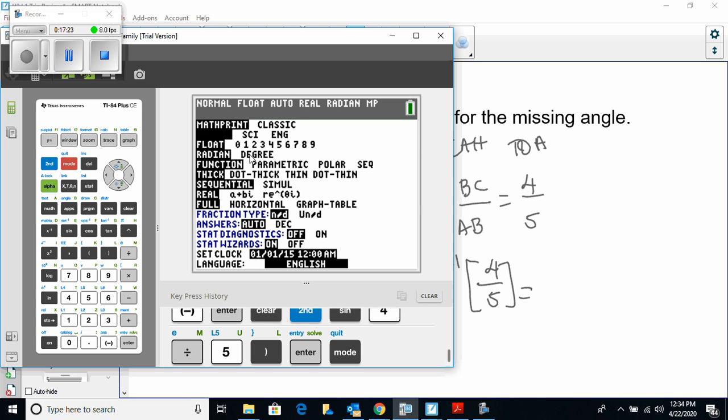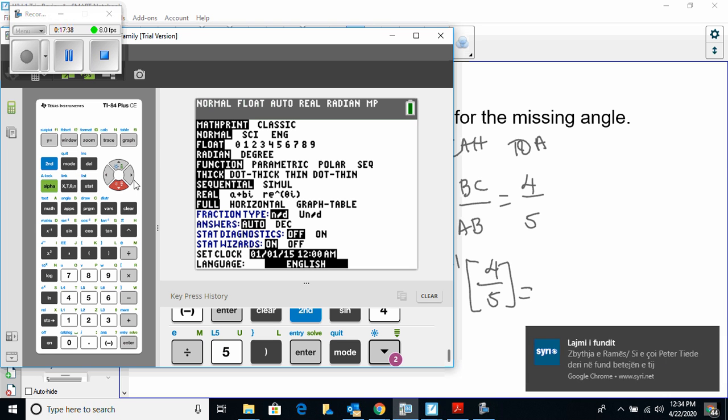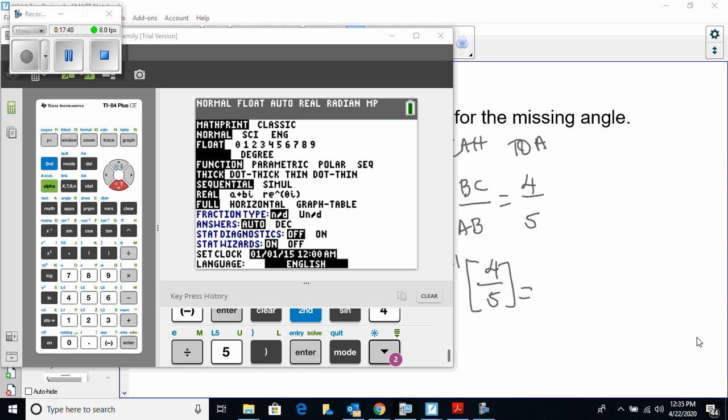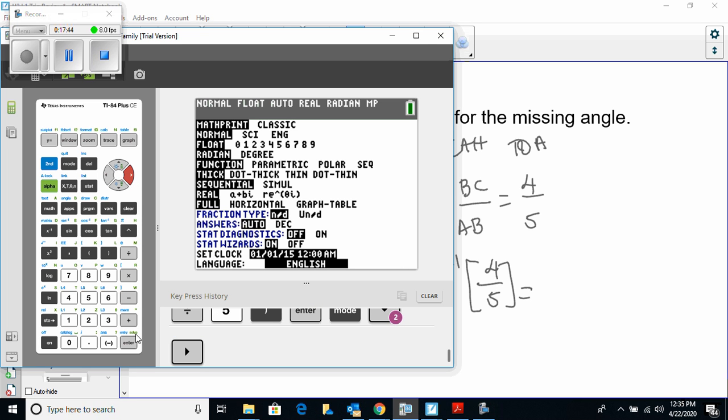In order to move to degrees, because this is what we usually use, we'll go to the mode of the calculator. We press mode, and then we go to radian. We choose degree, and see that it is flashing.